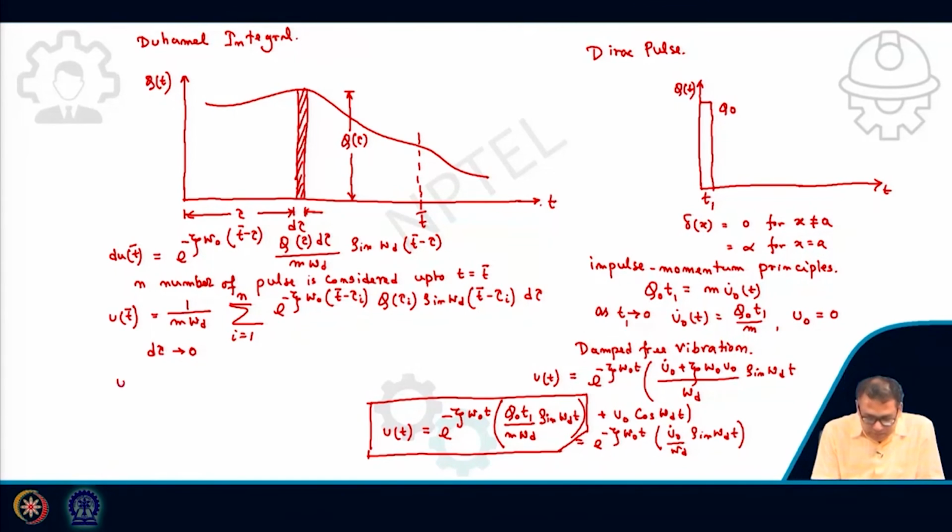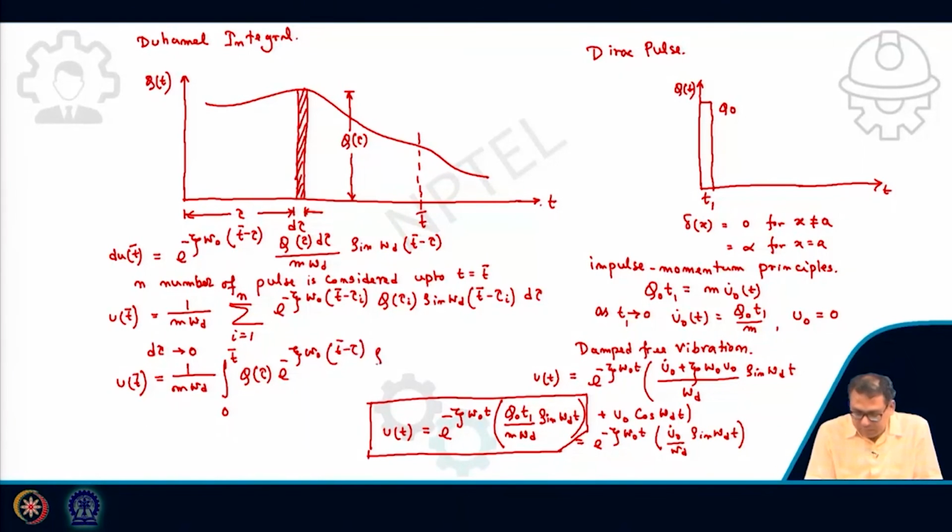So finally I will get the response at t equal to t bar, that will be 1 by m omega d integral from 0 to t bar, q(tau), then e to the power minus damping ratio omega 0 t bar minus tau, then sine omega d t bar minus tau d tau.